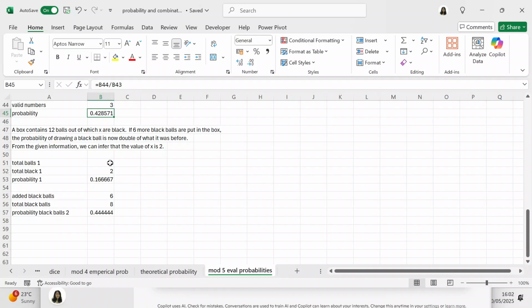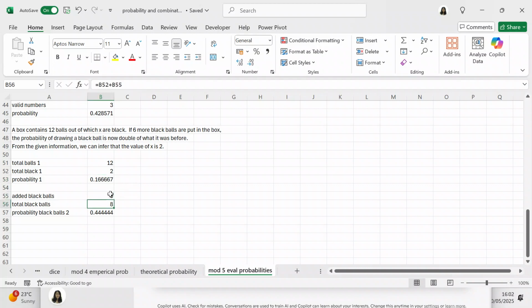So we calculate that. Total balls is 12. Total black balls is 2. Probability of getting a black ball is 2 divided by 12, which is 16.67%. So we're going to add 6 black balls.